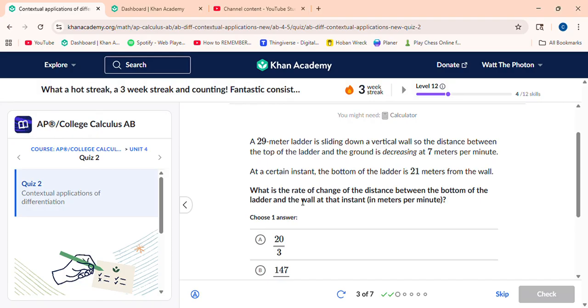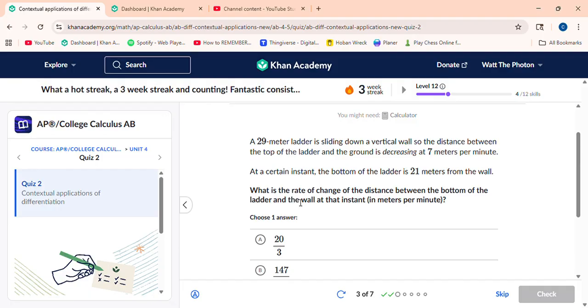So how's the 21 changing? Okay, so what does this change? Okay, I see what it's saying. So if we use the Pythagorean theorem, 29 squared minus 21 squared equals 400, so that is 20. So that gets us this. Now it has a rate of change of negative 7.